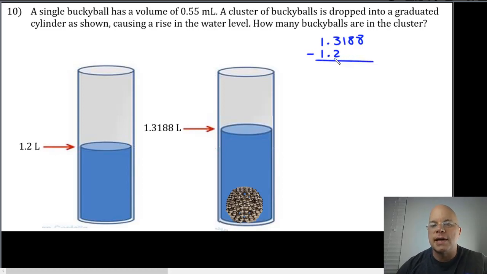I can't subtract tenths from 10,000ths. I need like terms, so I'm going to show there were always 0 hundredths here. I'm just showing it. Likewise, there are 0 thousandths and 0 10,000ths. Now I can subtract: 8 minus 0 is 8, 8 minus 0 is 8, 1 minus 0 is 1, 3 minus 2 is 1, and 1 minus 1 is 0.